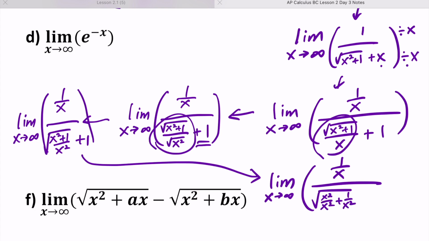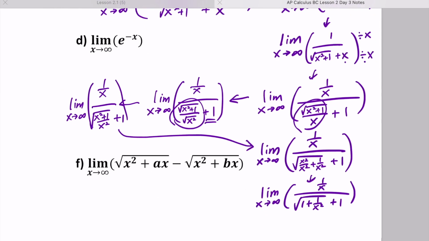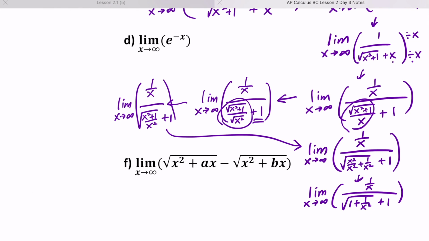I could split that up into two fractions inside the radical, and the reason why I want to do that is to rewrite the inner content of the radical again as 1 plus 1 over x squared. And then again, I'm taking the limit of this as x is approaching positive infinity.